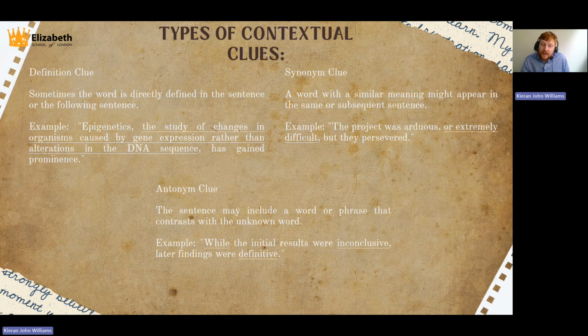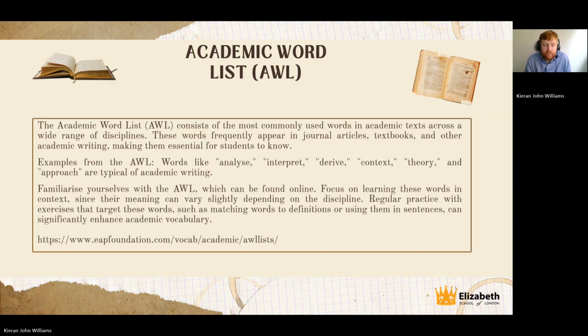So we know that definitive is the opposite of inconclusive. Inconclusive is the opposite of definitive. Okay. All right. So inconclusive means we do not have a definite answer for something. Okay. So look out for those things when you come across some difficult vocabulary during academic reading.